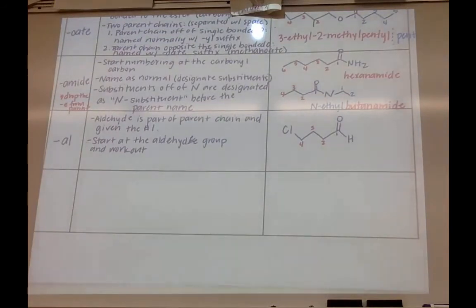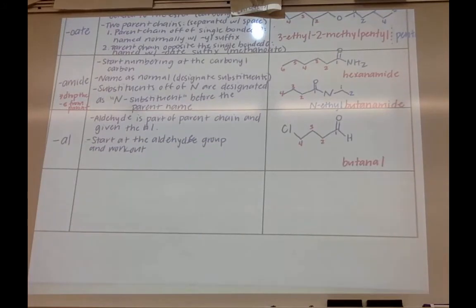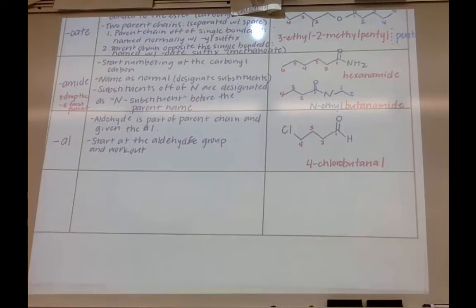Butane. Drop the E, put Al. Butanal. Are there any substituents? On what carbon? 4. What's off of carbon 4? Fluoro. So it is 4-fluorobutanal, all one word. All of your substituents, just like normal, if you had chloro and methyl, then chloro would come before methyl because of alphabetical order.